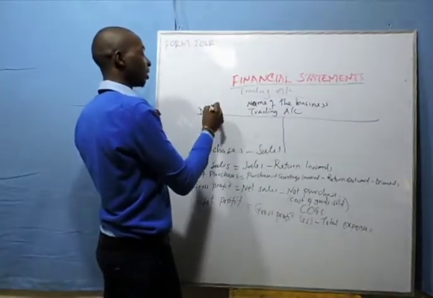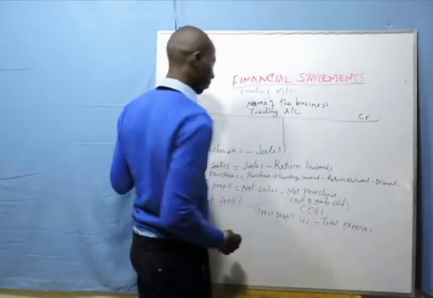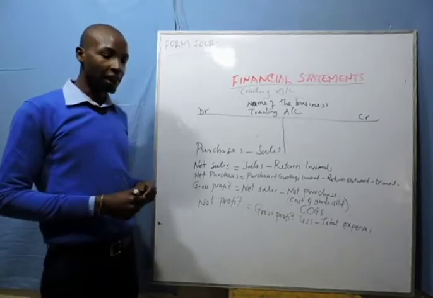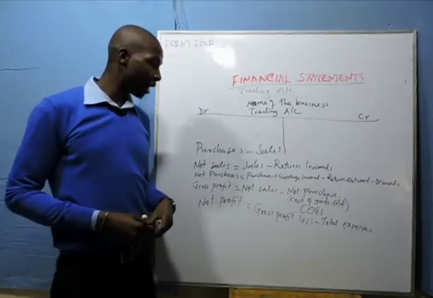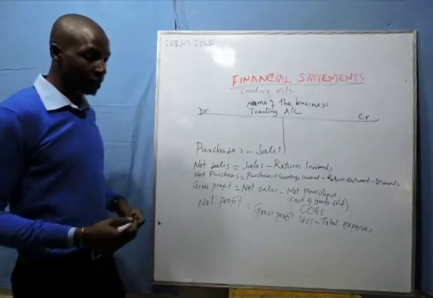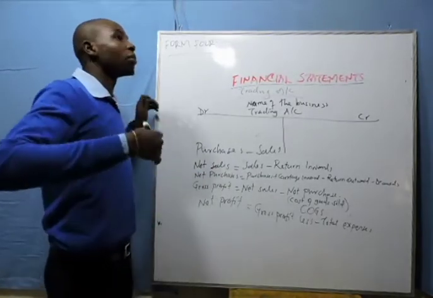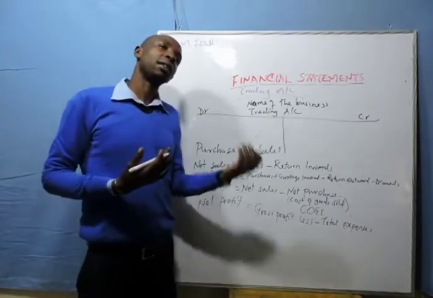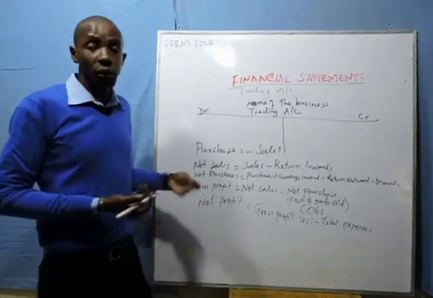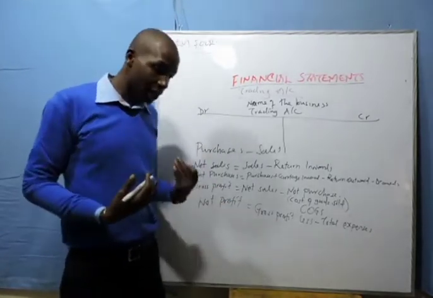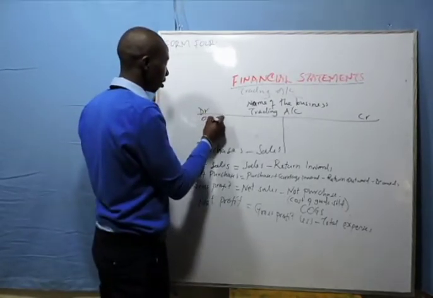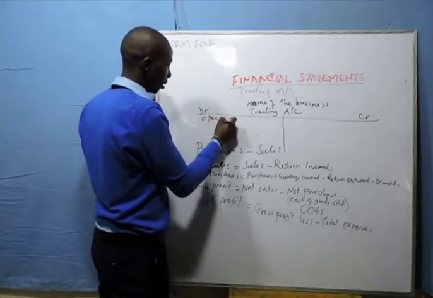This side is debit, this side is credit. On the debit side, we are going to add everything that pertains to purchases. A business may be doing its accounting per week. Last week we had some goods that we have brought down, so we will call that opening stock. So we start with opening stock.